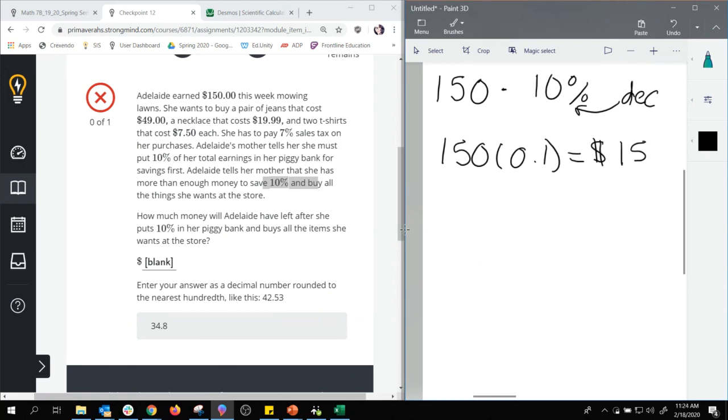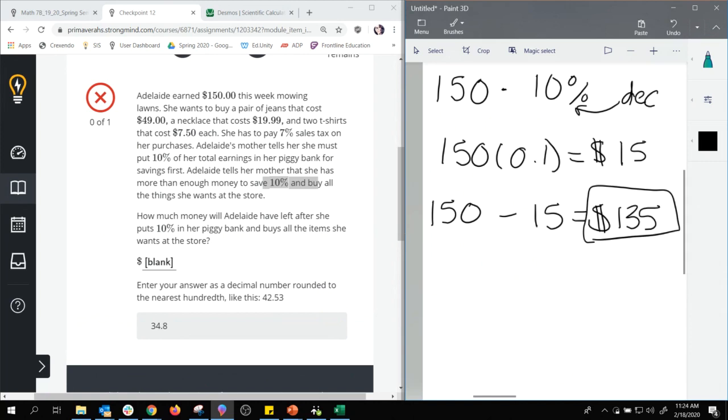What would I do to figure that out if $15 she has to put into her piggy bank? Subtract them. Perfect, Chelsea. So if I do 150 minus 15, I should get 135. So she has $135 to spend on her clothes.